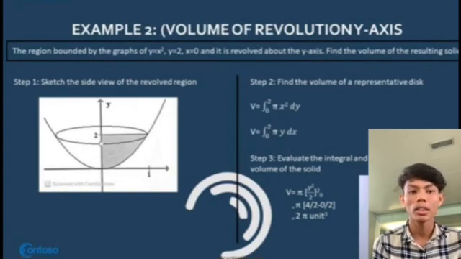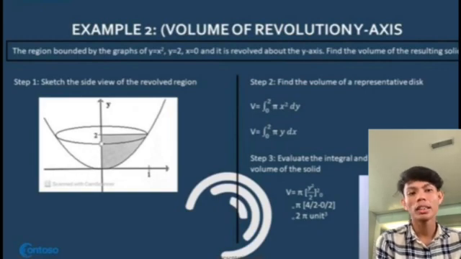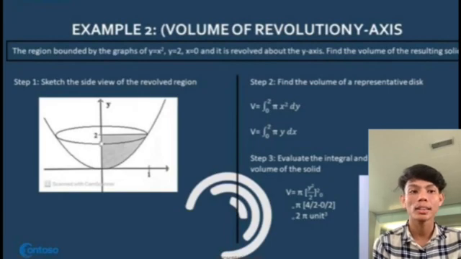The second is V equals integrate from a to b of pi y dx. Step 3, evaluate the integral and compute the volume of the solid.